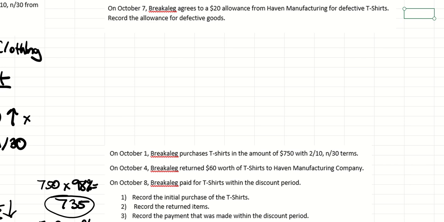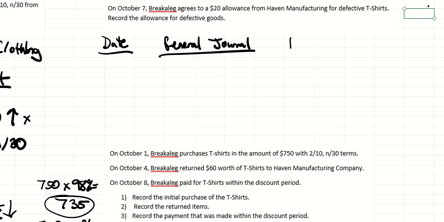So how to account for the allowance? I'm just going to put on here the date. I'm not going to put a transaction number. General journal. Debit and credit.